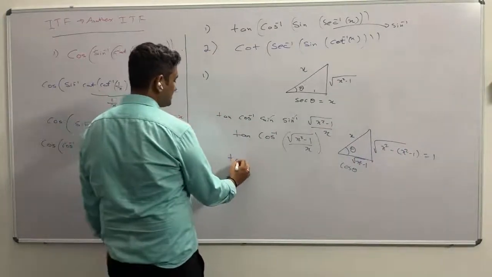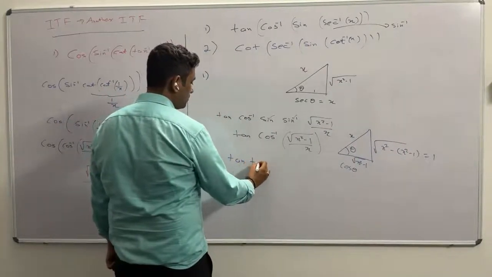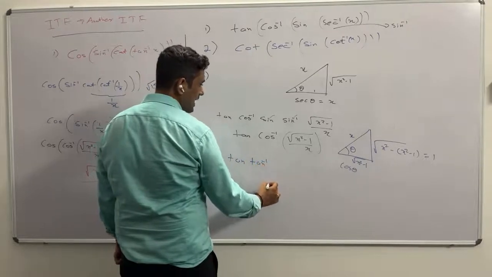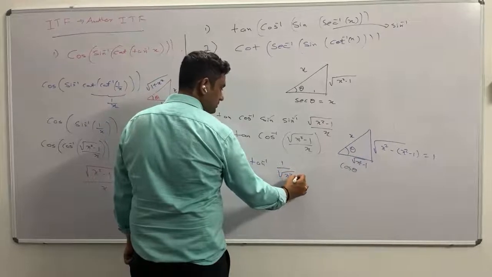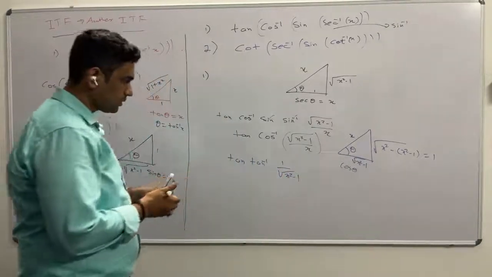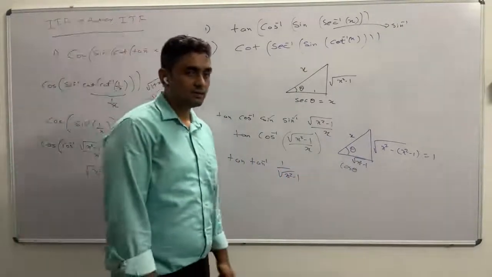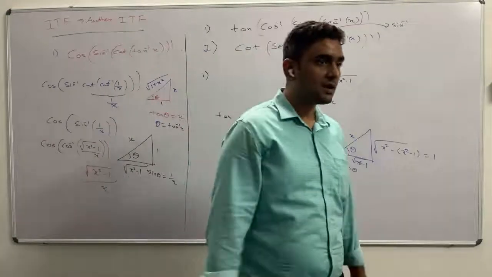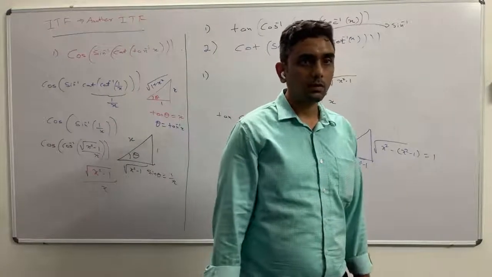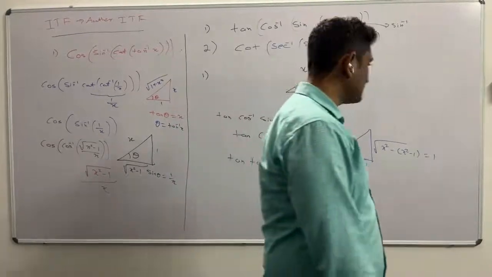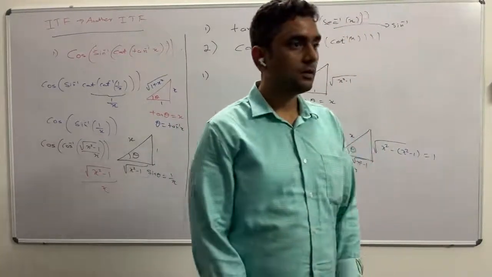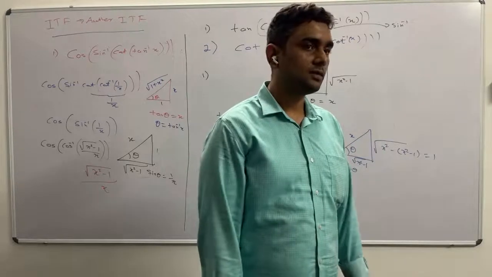So we'll get it as tan of tan inverse, 1 by root over x square minus 1. Now we can just cancel out tan and tan inverse. Tan and tan inverse just vanish out. So then we'll just get it as, exactly.